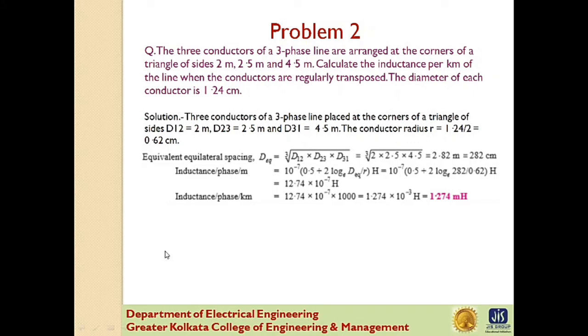Now multiplying this by 1000, we get the inductance per phase per kilometer, that is 1.274 millihenry.